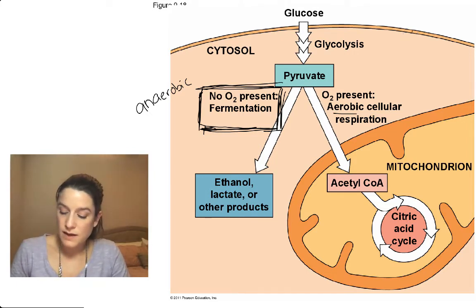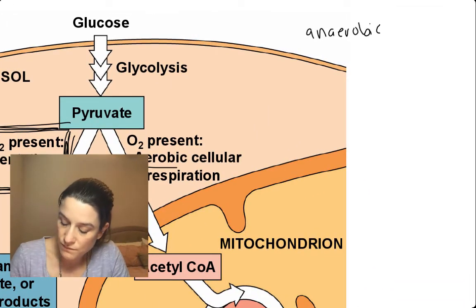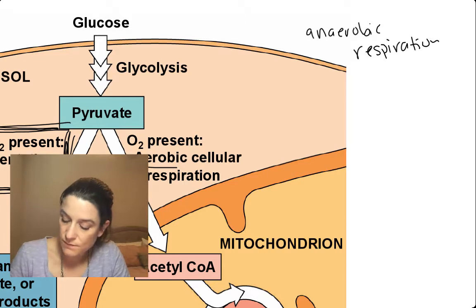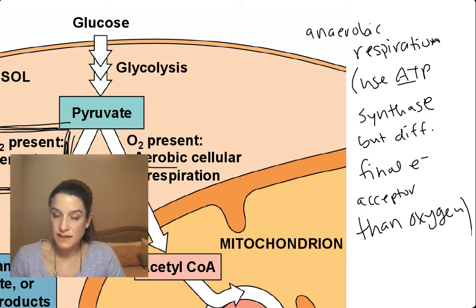Note, there is also anaerobic respiration. So anaerobic respiration is different than fermentation. What this means is that it still uses ATP synthase to make the ATP. So it makes a lot of ATP from that.